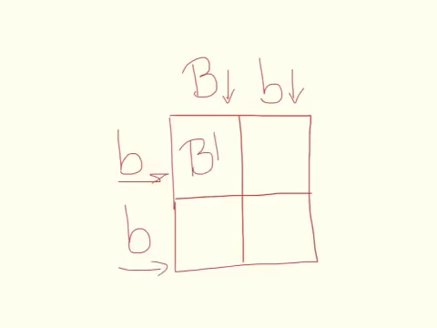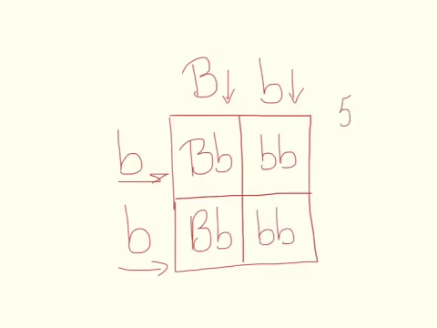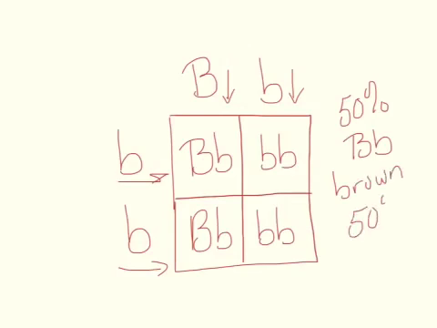We have big B, little b, little b, little b, big B, little b, and little b, little b. So in this case, now 50% of our offspring have big B, little b, or are heterozygous and have brown eyes. And 50% of our offspring are homozygous and have blue eyes.